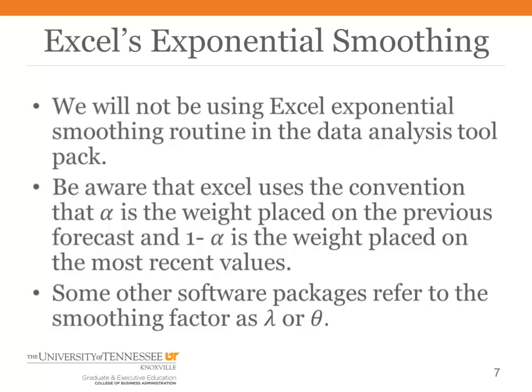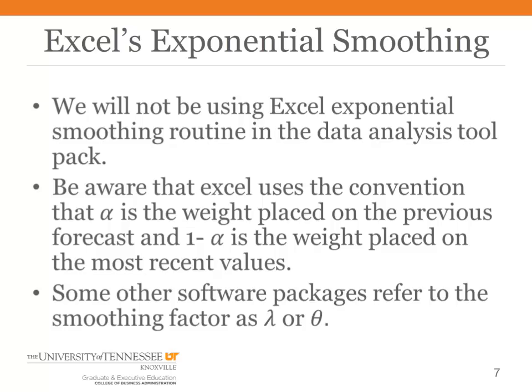That's not the way it is commonly stated, so I've adopted the more conventional terminology, but just be aware that if you or somebody else ever uses Excel's canned exponential smoothing routine, the value that you get is 1 minus the value that we will be talking about in here. It's sort of like Microsoft decided to defy the rest of the world and go with their own convention.